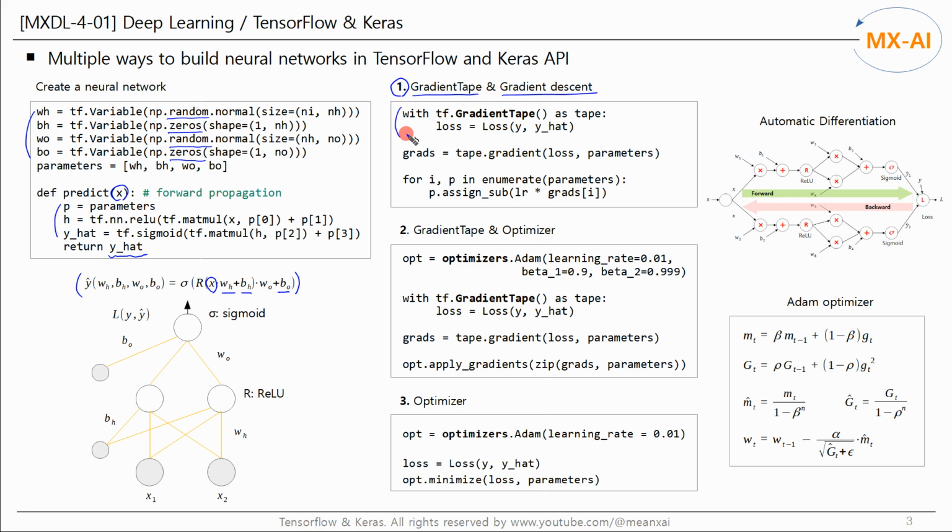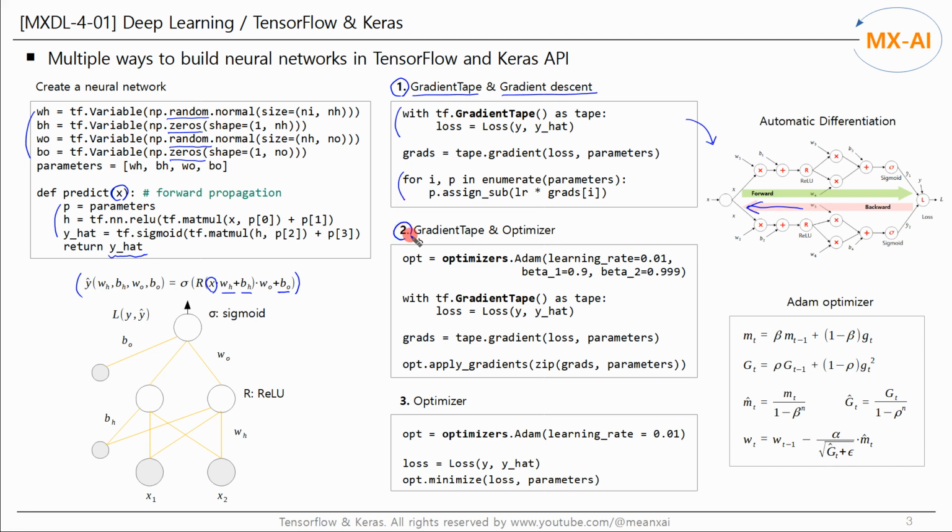We looked at the automatic differentiation in detail in the series on error backpropagation. Construct a computational graph as shown on the right, and follow the reverse direction to find the gradients of the loss L with respect to each parameter. We then update each parameter using gradient descent.